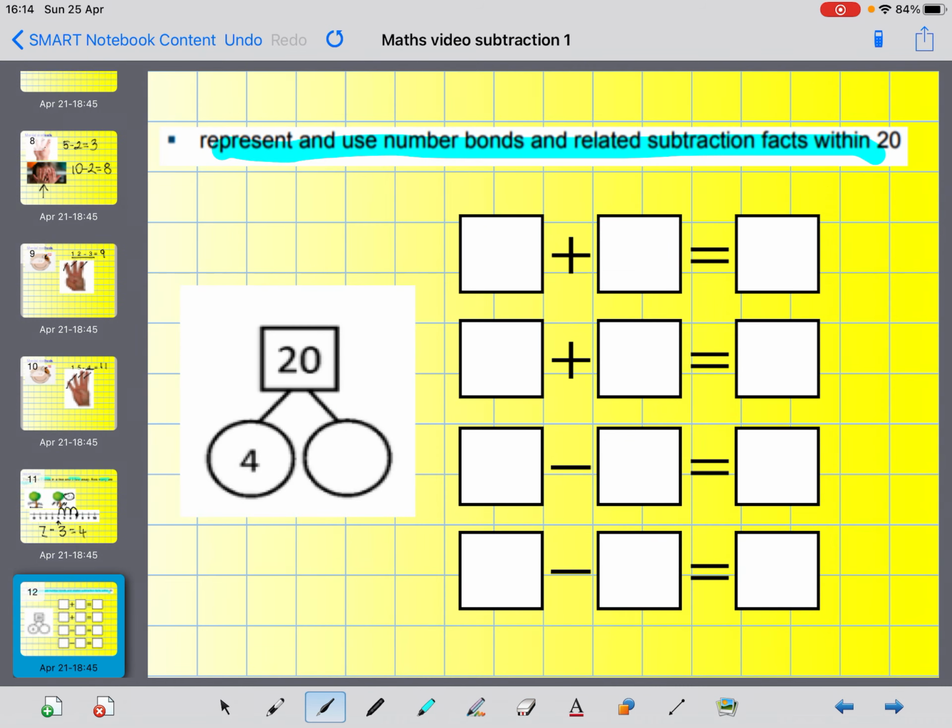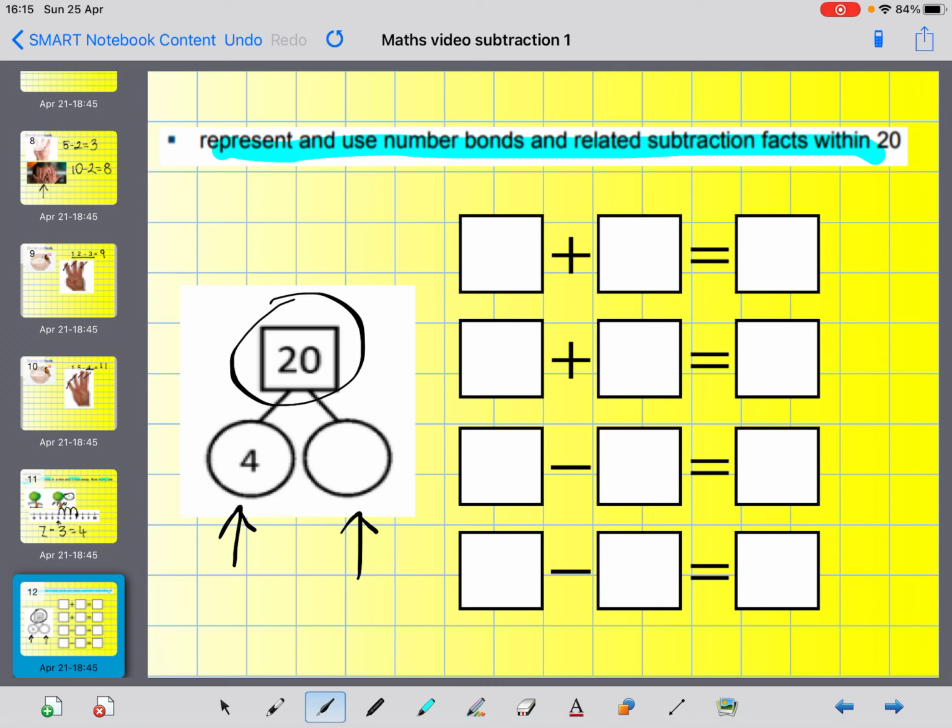And then the Year 1 statement also says represent and use number bonds and related subtraction facts within 20. In the first video we tried to explain that number bonds within 10 are very important, and when we consolidate our knowledge of number bonds to 10, we can make the links. So for example, I've got here a part-whole model with number 4, a missing number, and my whole number is 20.